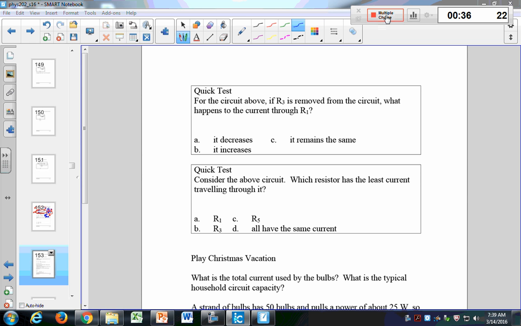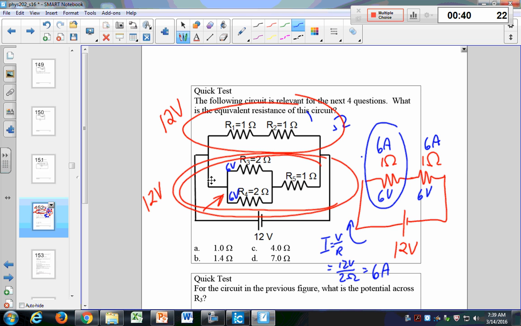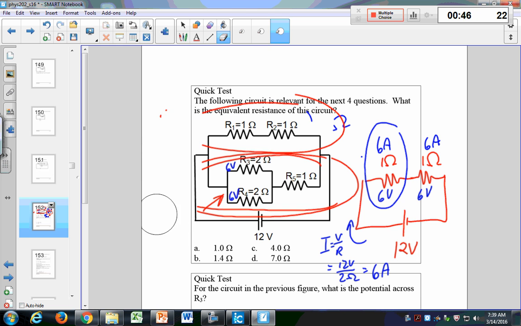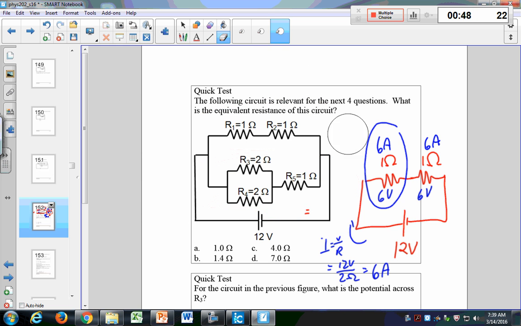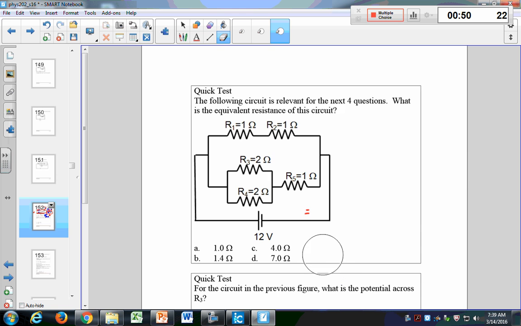So I want to know, if R3 is removed, what happens to the current through R1? Notice here that R3 is in this parallel branch, and R1 is in this parallel branch.